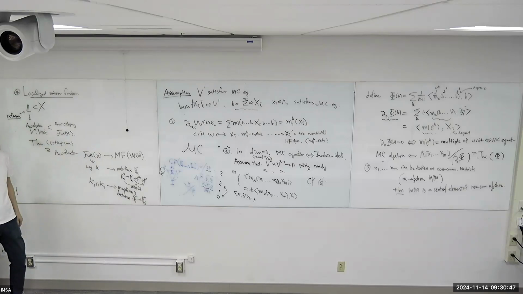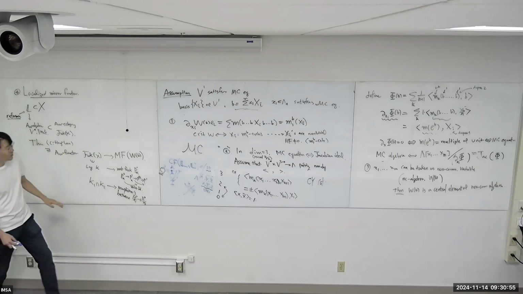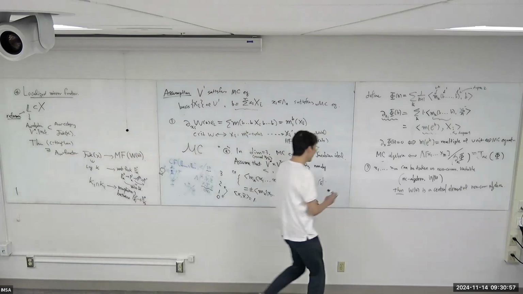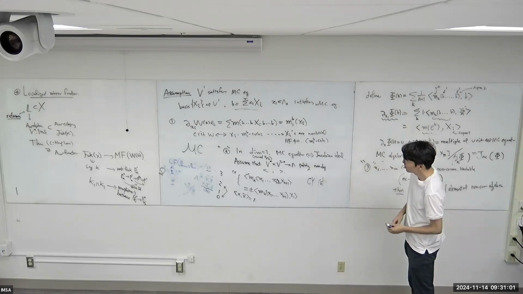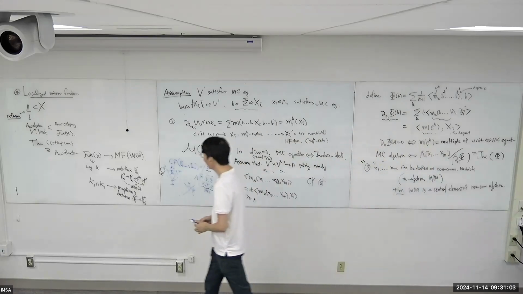So you say here you work with matrix factorizations, but your ring is non-commutative? Oh no, this was a remark. So your W_B is finally what? Is it just a polynomial?